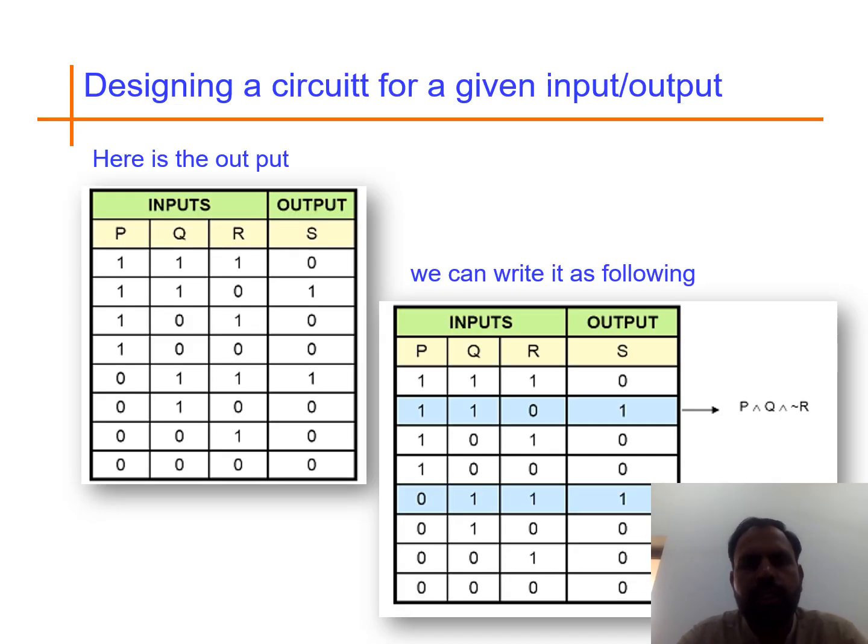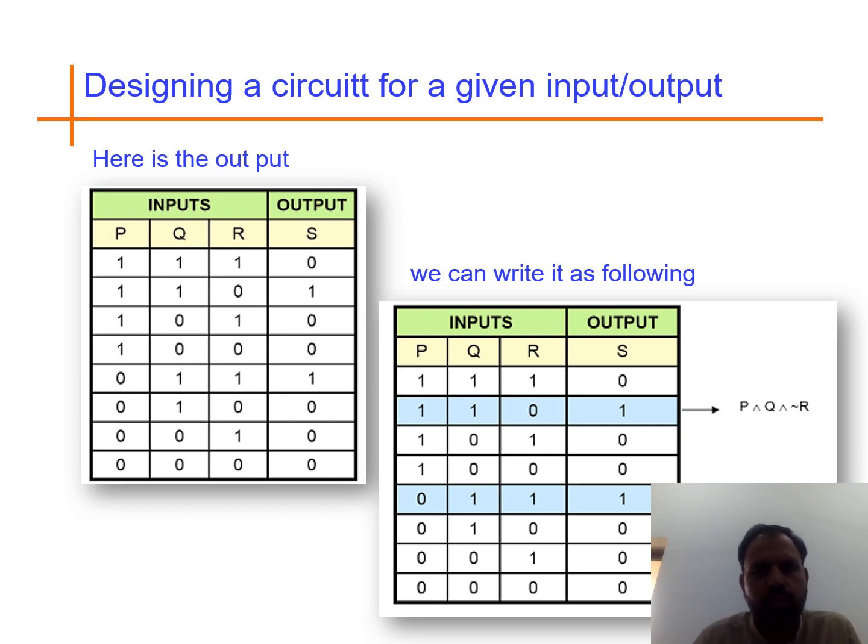Now designing a circuit for a given input and output. We design a circuit for the given output. Here is the output. Inputs are P, Q, R, and S is the output. P is 1 1 1 1 0 0 0, where previously we used true true true and then false false.